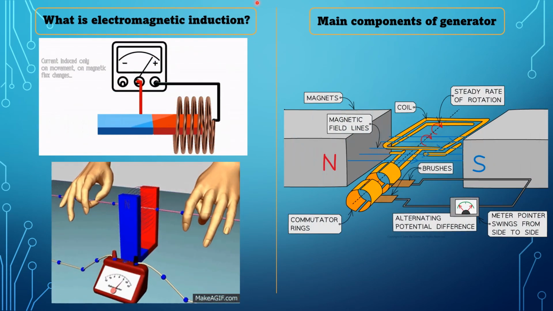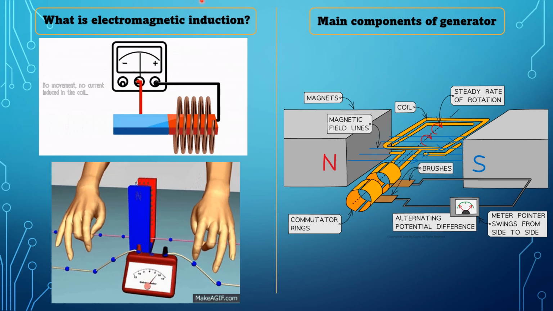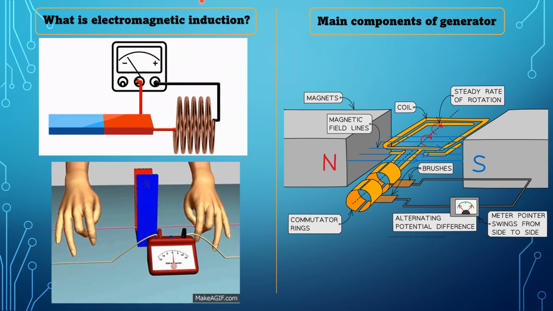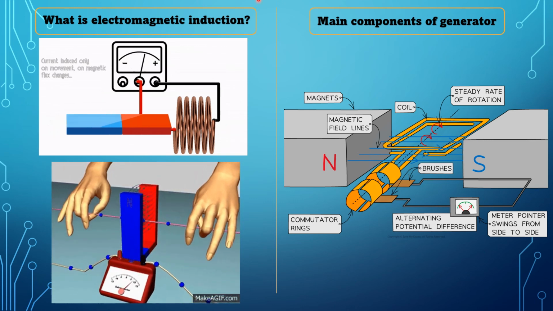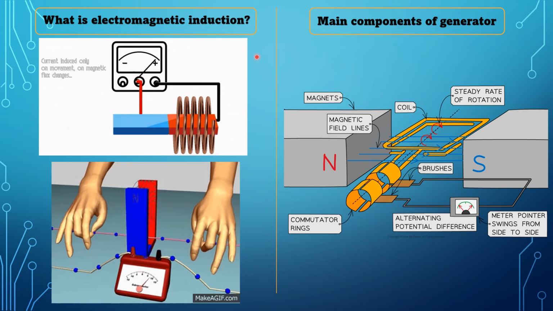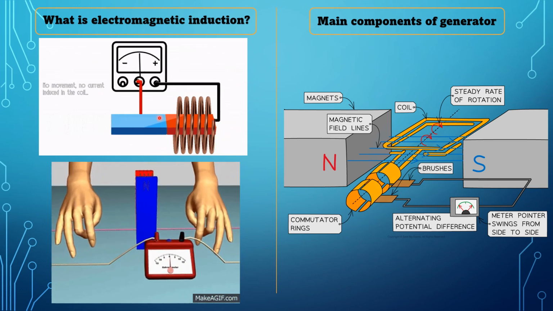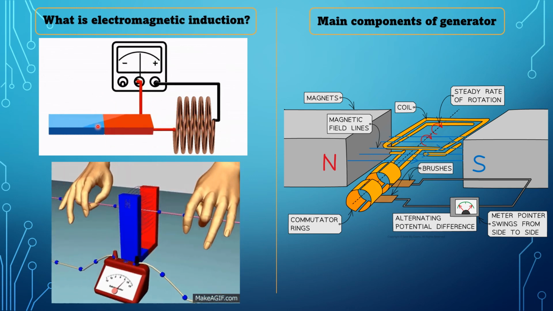The next question is, what is electromagnetic induction? Electromagnetic induction is the production of electromotive force, or what we call EMF, across an electrical conductor in a changing magnetic field. If we want to explain, we assume that this is the north part of the magnet.